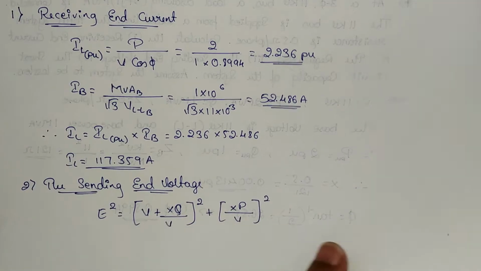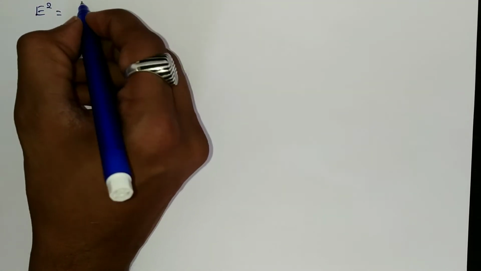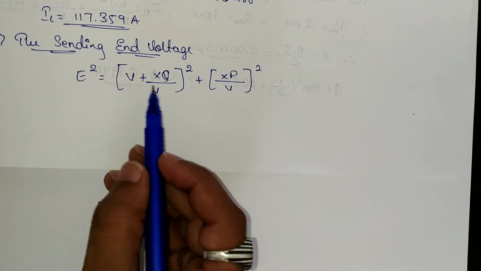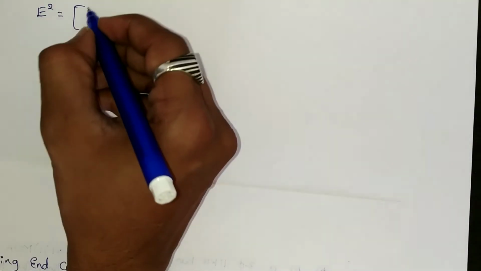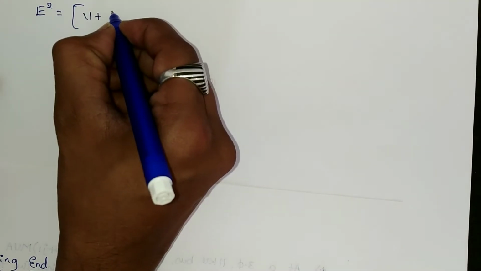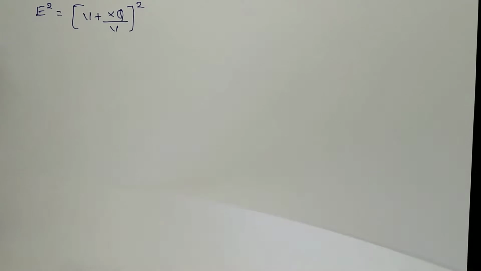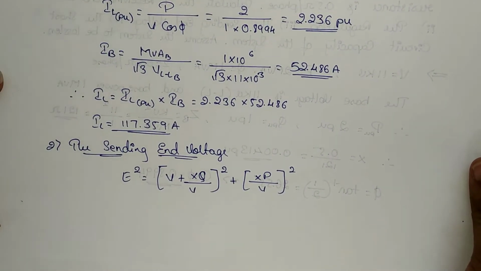On substituting all the parameters, we will be getting E square is equal to, I will rewrite the equation here so that it would be easy: E square is equal to (V plus XQ by V) whole square plus (XP divided by V) whole square.